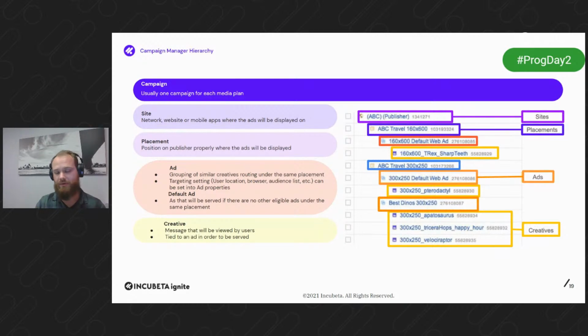Now what will happen is when we link this to DV360 and we assign and serve these ads, it's going to rotate between the 3 creatives within that ad itself. That way each user is exposed to an equal number of impressions of each creative.